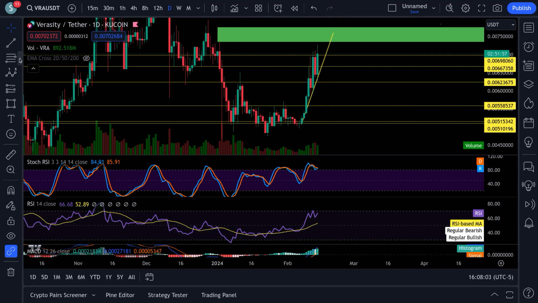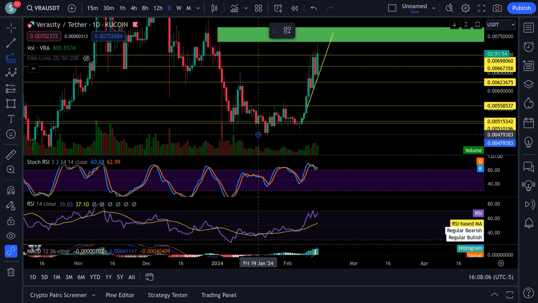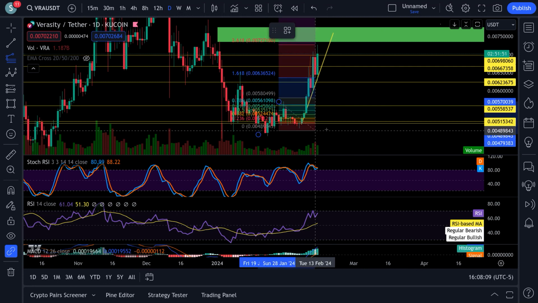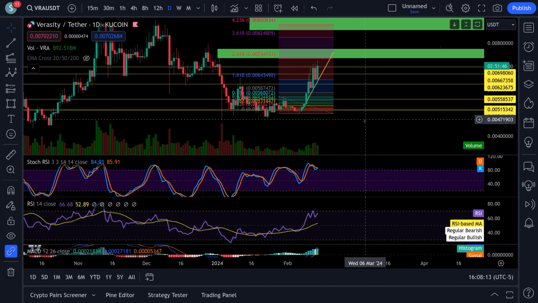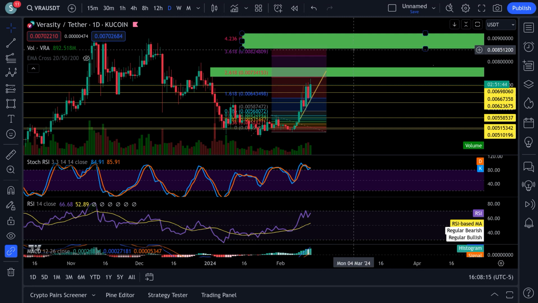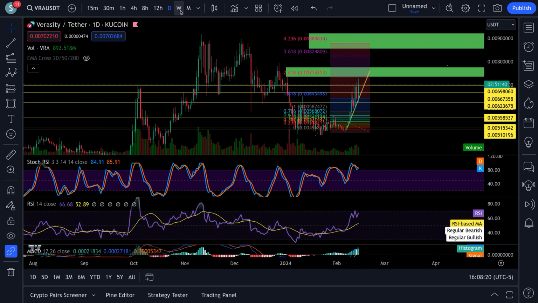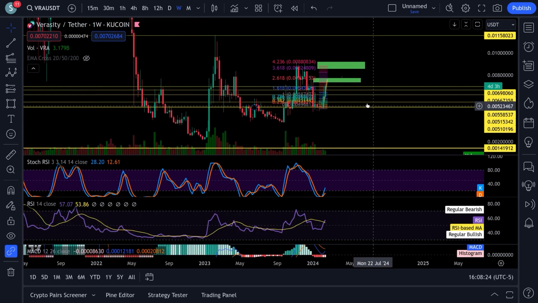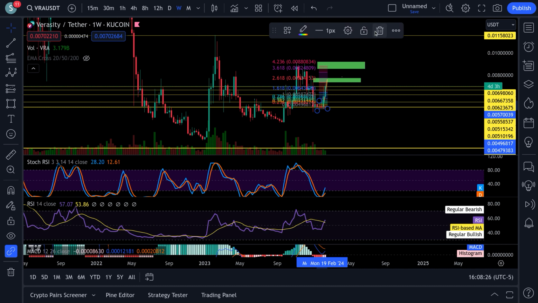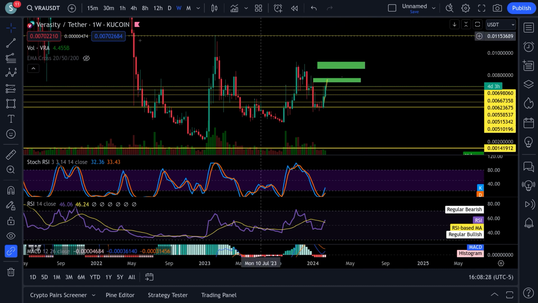Now if we take a trend-based fib and put it on here from this low to the top to the retracement, that would give a target right up at our higher end, at 0.0088. That's what we would be looking for over here on this bigger move, to get up to them higher levels.